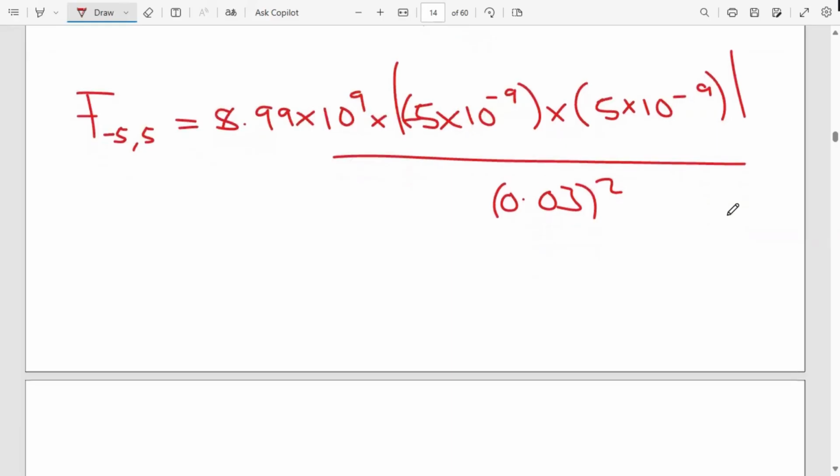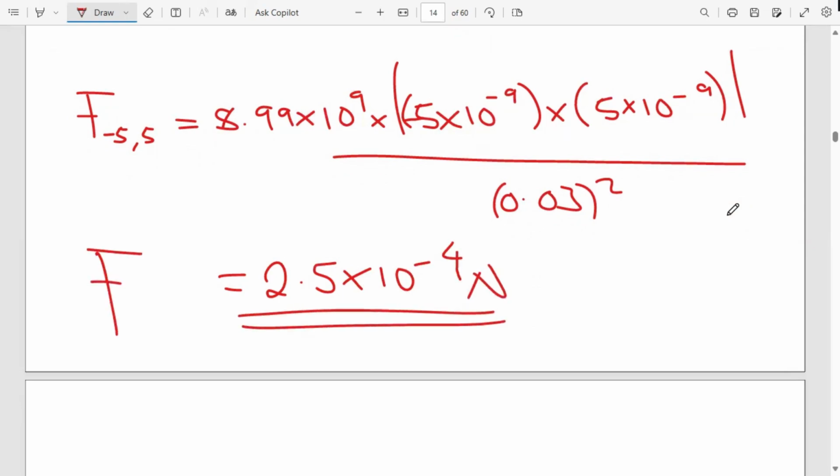Okay, so if I plug in what I have on my numerator, then divide by the denominator, I'm getting a total of 2.5 times 10 to the power minus 4 newtons.